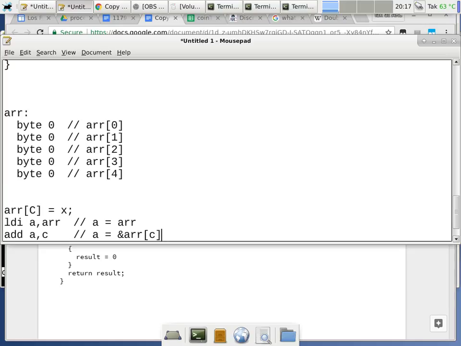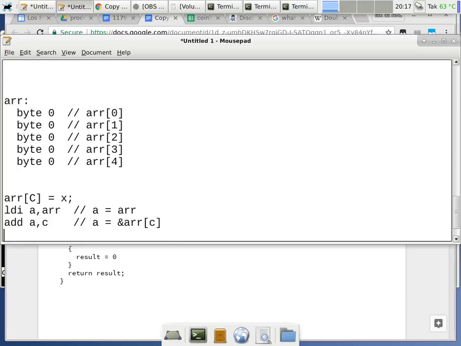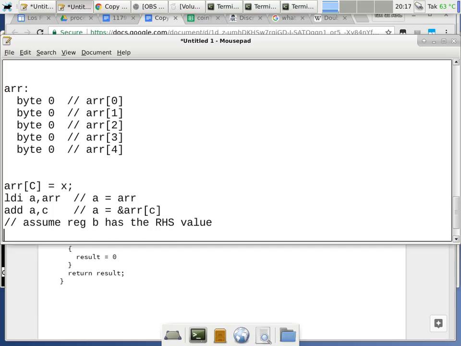So if we know the address of the byte that we are supposed to update and it is now in register A, how do we store a value into it? Let's assume that whatever value we are supposed to store is in register B already, okay? So assume register B has the right-hand side value, which is X. So assuming that is already in it, what is the next instruction that I need to update that location?